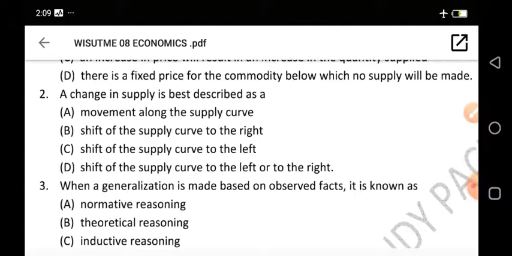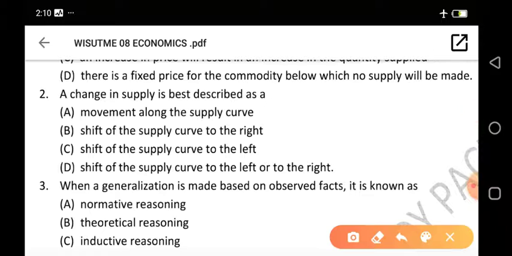So quickly, let's mention some of them. Change in quantity supplied is also called movement along the supply curve. The only factor that can cause this movement is the price of the commodity itself.